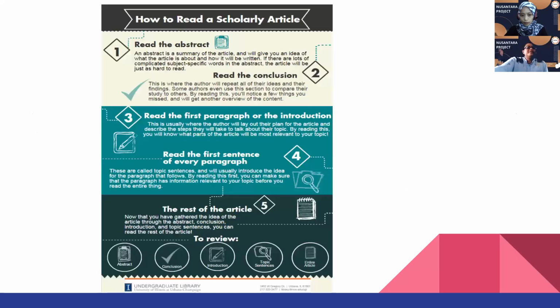Okay. These are the tips on how to read scholarly articles: read the abstract, read the conclusions, read the first paragraph or the introduction. When you read reputable, high quality journals, in their introductions they always inform the reader about research contributions, research objectives, and research purposes.